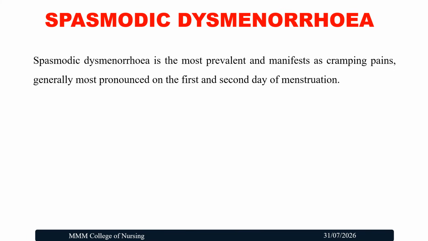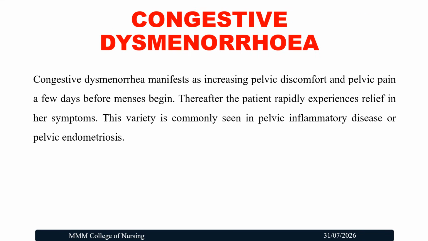Generally, it is most pronounced on the first and second day of the menstrual cycle. Congestive dysmenorrhea manifests as increasing pelvic discomfort and pelvic pain a few days before the menses begin. Thereafter, the patient rapidly experiences relief in her symptoms. This variety is common and is mainly seen in pelvic inflammatory disease or pelvic endometriosis.